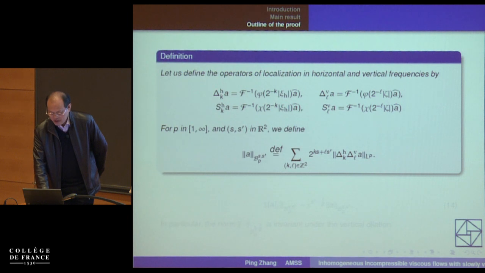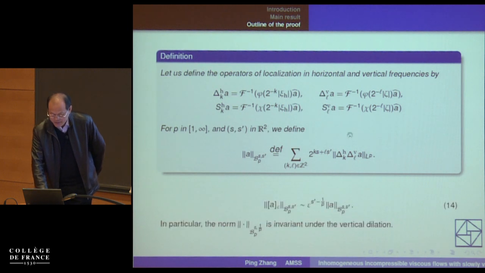With this definition, we can define this anisotropic Besov norm B^{s,s'}_p by the summation over k, l of 2 to the power of ks plus 2 to the ls' times the delta kh delta lv of a, L^p norm. Which means if this norm is bounded, this function has s derivatives in the xh variable, where xh denotes x1, x2, and for x3, it has s' derivatives.